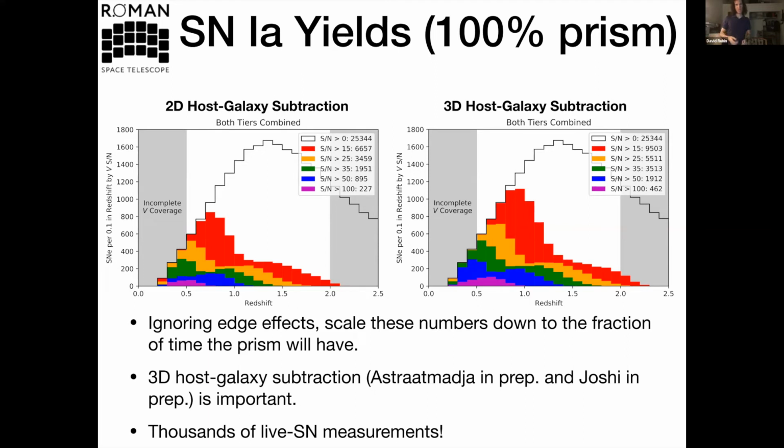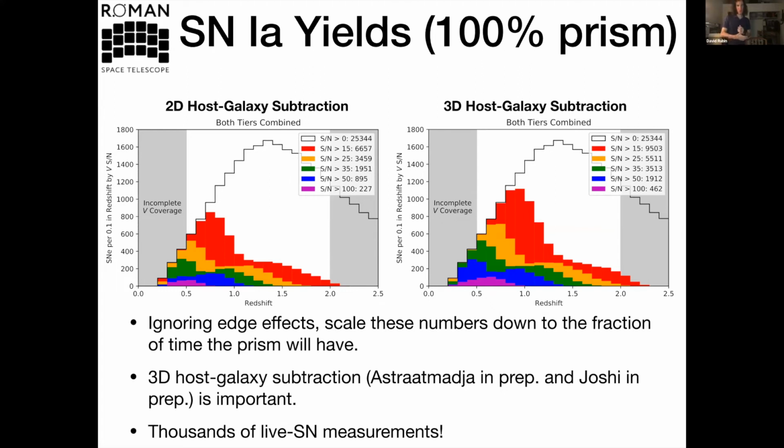The 3D host galaxy subtraction, which is still work in prep, will use all of the data, make a full 3D model of the supernova and the sky around it, including the underlying galaxy light, and subtract that. So you're using all of the data instead of just one epoch taken with the same rotation angle offset in time.